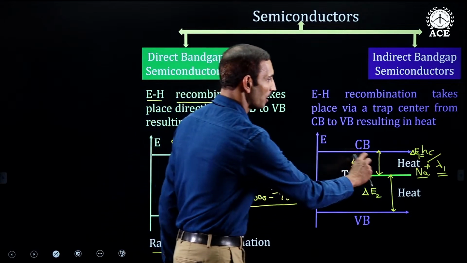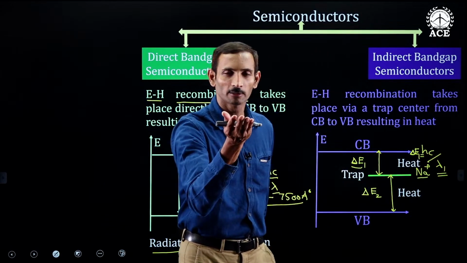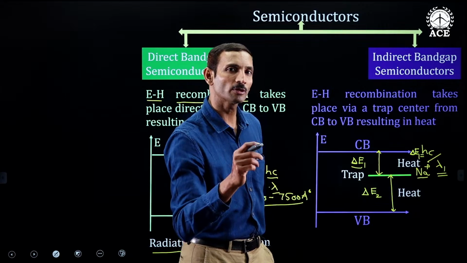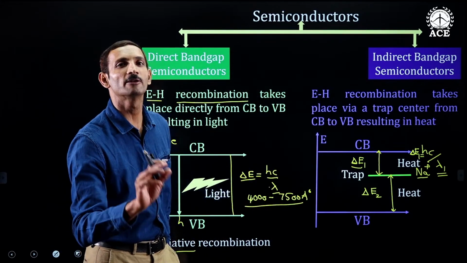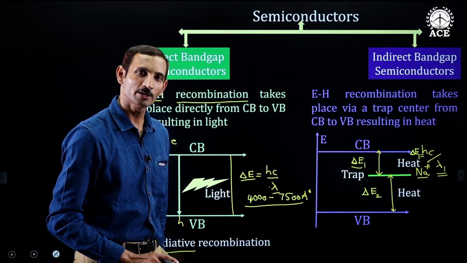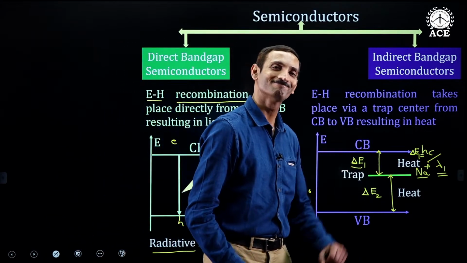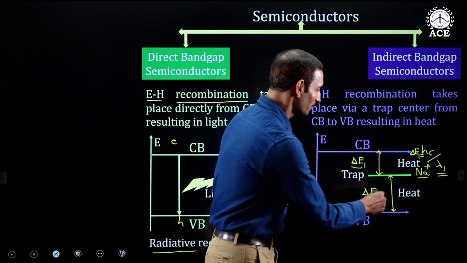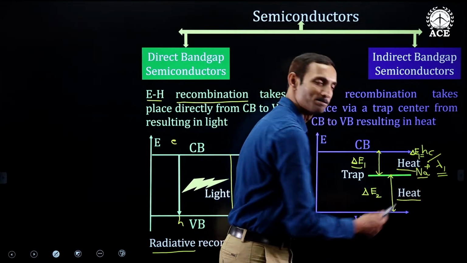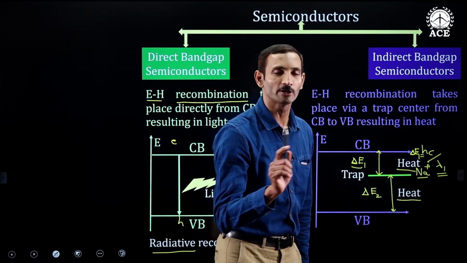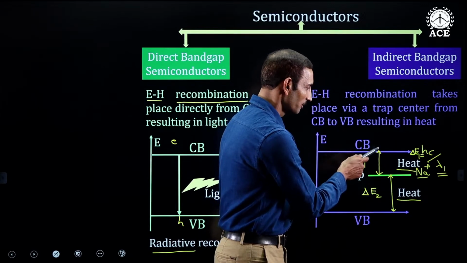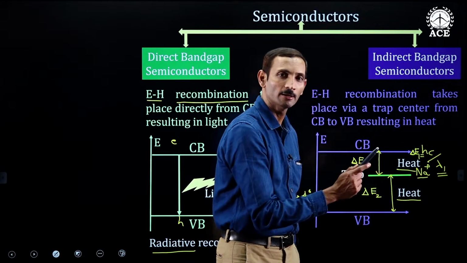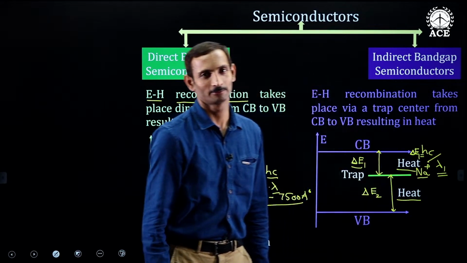Because delta E is large, lambda would be this much. If delta E is small, lambda 1 would be higher, in the sense that it would be more than 7500 angstrom units. That means it is going to fall in the infrared region. The infrared radiation is nothing but heat. Understood? So this heat is also produced that way. So these are not radiative in nature. So we're going to have transitions of electron from the conduction band to the valence band via a trap center.